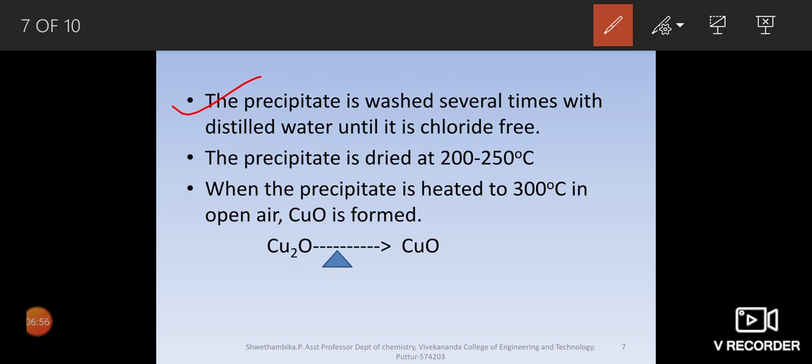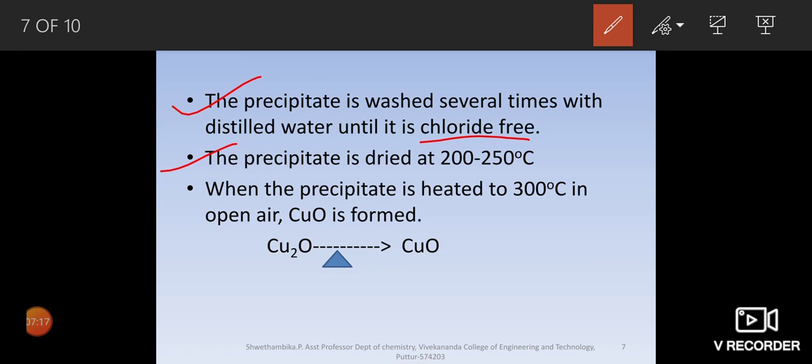That's what I told. In the next step, the precipitate must be washed several times so that it becomes chloride free. Any chloride content along with the precipitate will be washed. Washings we are discarding, only the precipitate we are taking. And then the precipitate must be dried at 200 to 250 degrees Celsius.